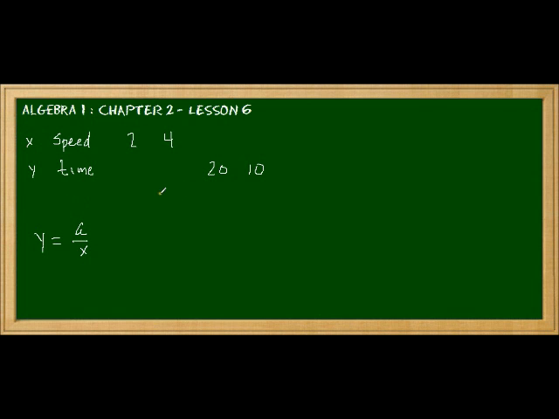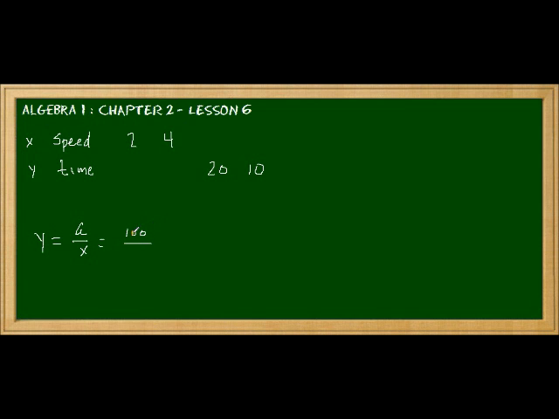So if we were to look at the speed of 2 and of 4, you might say, well, the speed at what, for what distance? That will help us to tell the time. So if we know that it's 100 meters, then we would put 100 in here as the A, and our x and y values are now going to be determined by that constant.